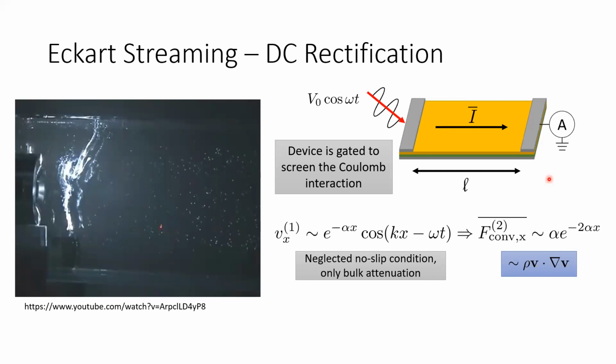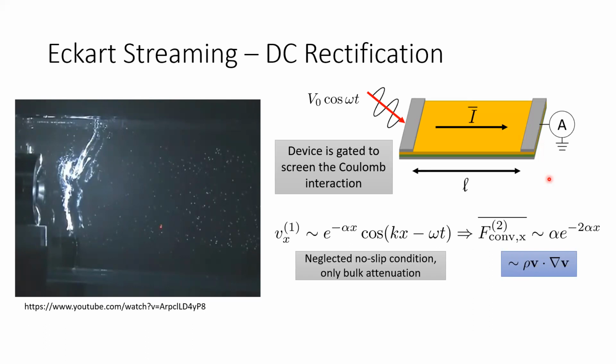So to understand where this effect is coming from and why you would generate this parity-breaking jet of fluid flow, as with other frequency conversion effects, we generally think of this in terms of perturbative expansions.